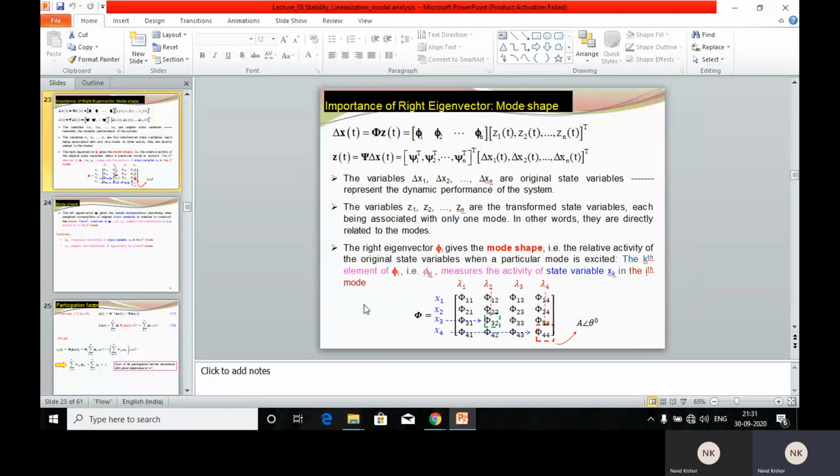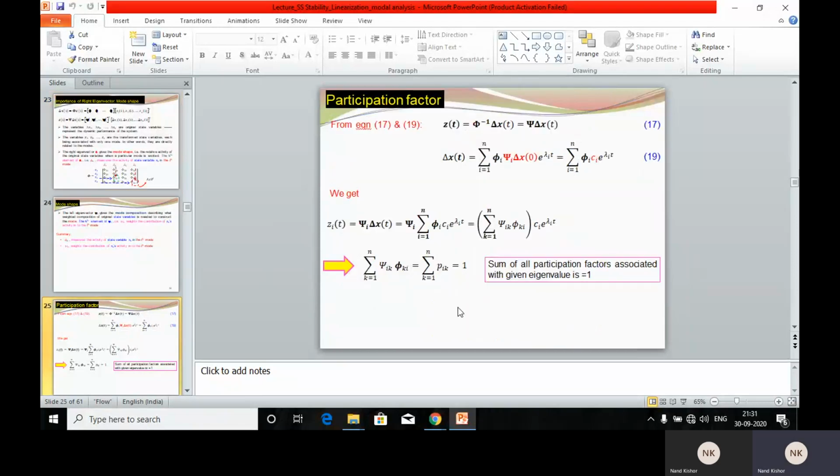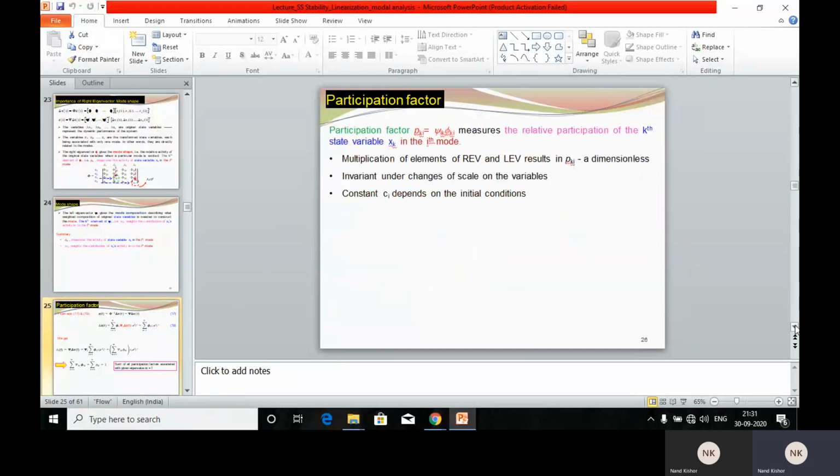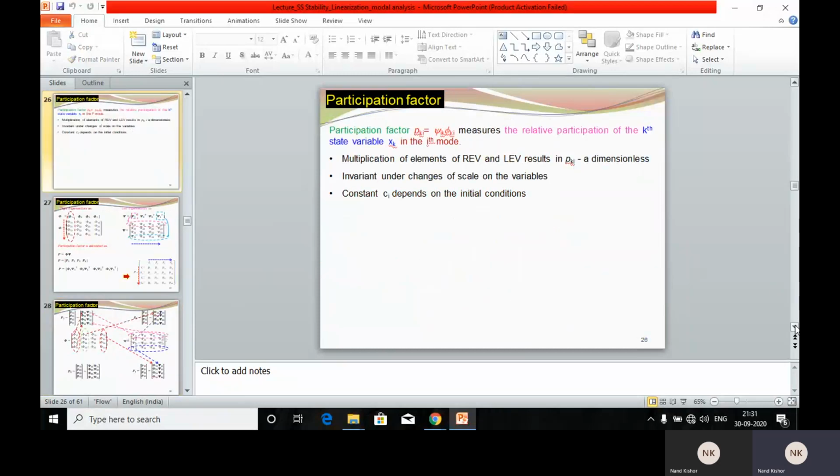That limitation or issue can be resolved by the use of the participation factor, and thus obtaining the participation factor matrix here, which we discussed last time.